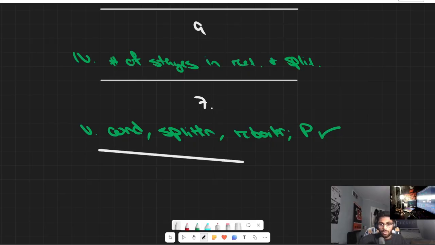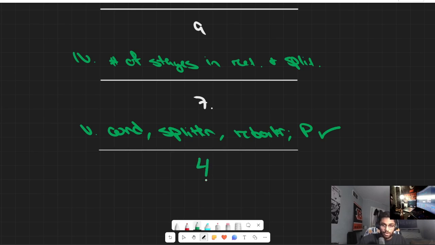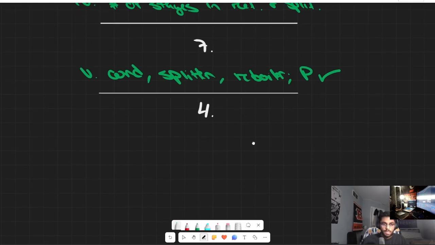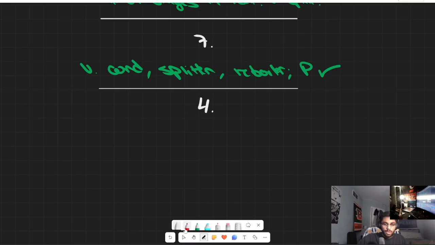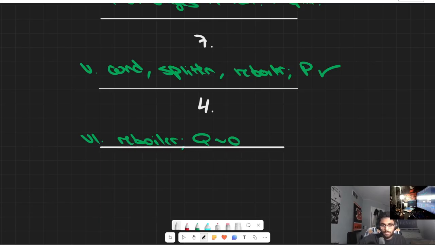This takes care of another 3 degrees of freedom, so this takes us down to 4. And then we could also say something like we have an adiabatic reboiler, running adiabatically. So now we are down to 3 degrees of freedom.